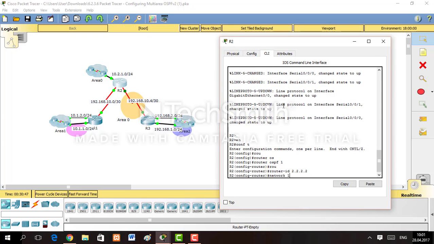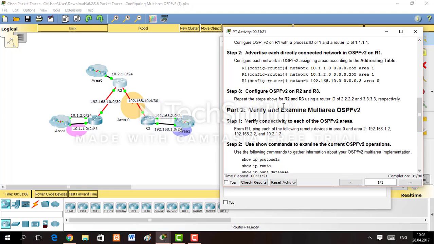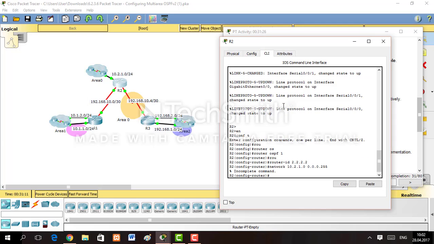Here we have 10.2.1.0 with wildcard mask 0.0.0.255 and with area 0. Area 0.